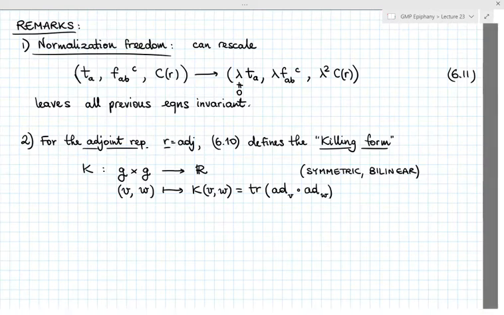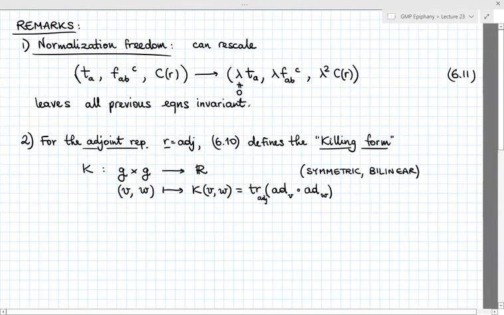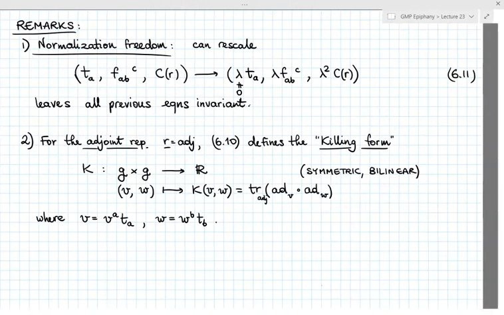And this, strictly speaking, is a trace in the adjoint representation, where here V can be expressed in the basis of generators as V^A T^A, and same for W. And for compact Lie algebras, the Killing form is important because it's not only symmetric and bilinear, but it's also positive definite.